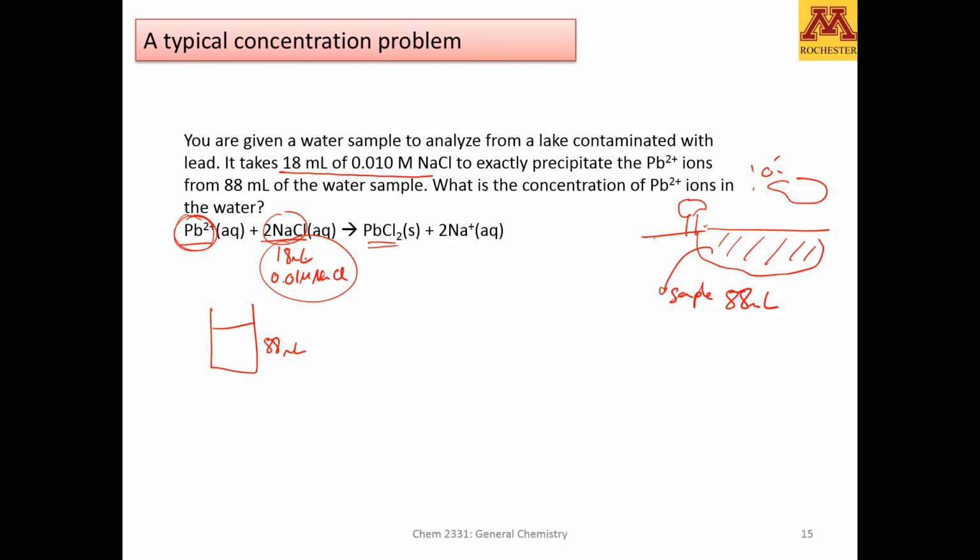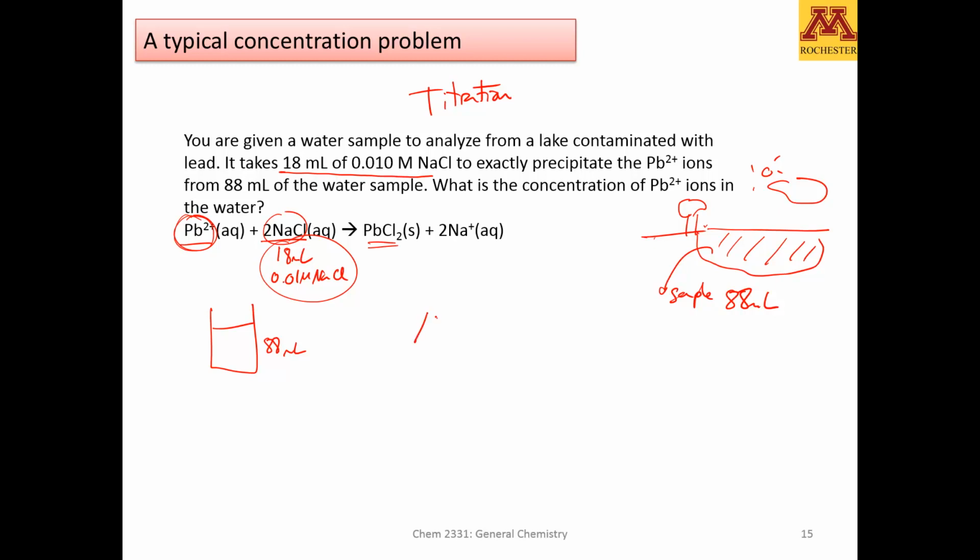First, let's try to figure out how many moles of sodium chloride there are in 18 milliliters of 0.01 molar sodium chloride. This is a typical problem of titration that you will see in the second semester, but you will see it in the first semester too, and it's so important that you will see it over and over again.